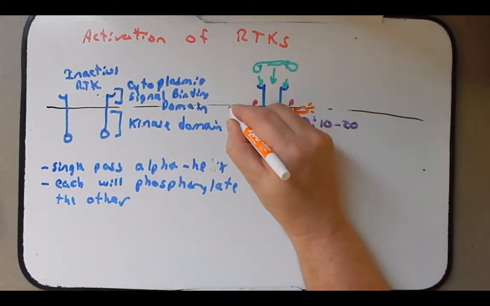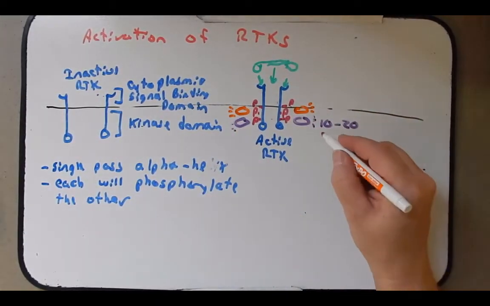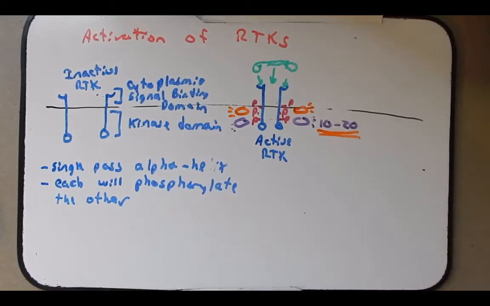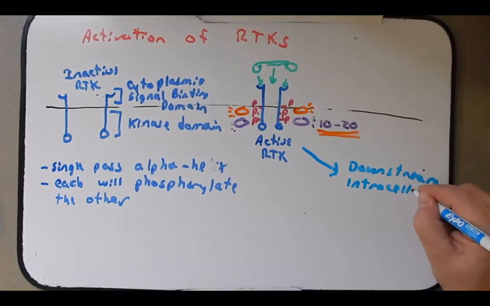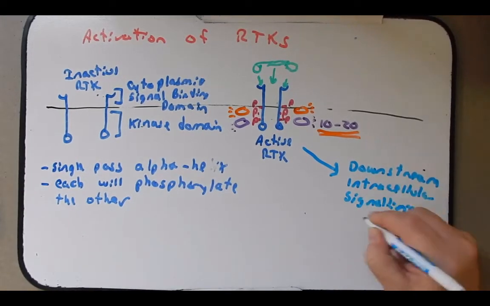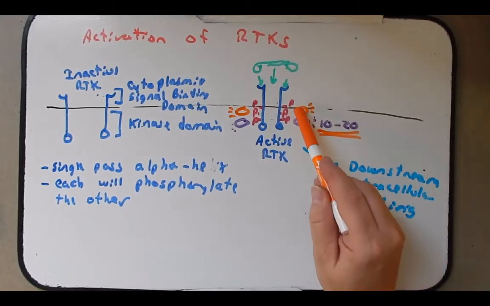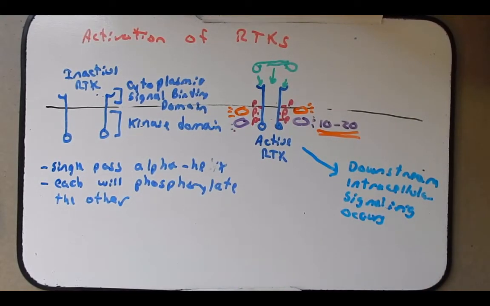I'm only drawing these few here, but remember we can have many binding here. Upon activating these separate proteins, downstream intracellular signaling occurs. These different ones that are bound here may activate different pathways. They may activate pathways that are coordinating with each other. It just depends on the RTK that is being activated.